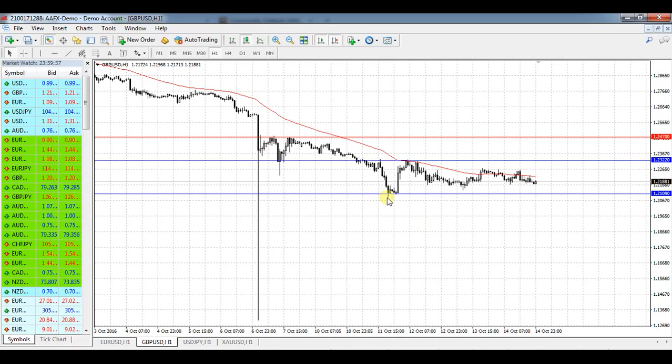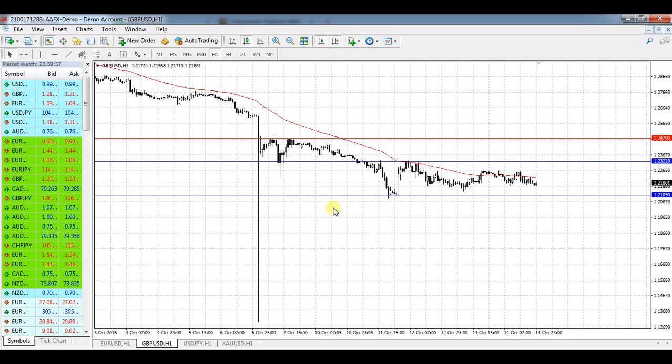As you can see, now we have a little consolidation here between levels 1.2322 and 1.2109. Price is trading between these two levels, and our main scenario will be a breakout of this consolidation at one of these borders.